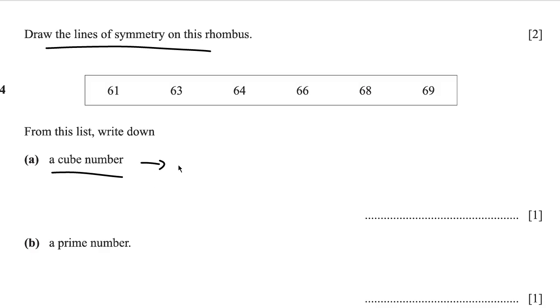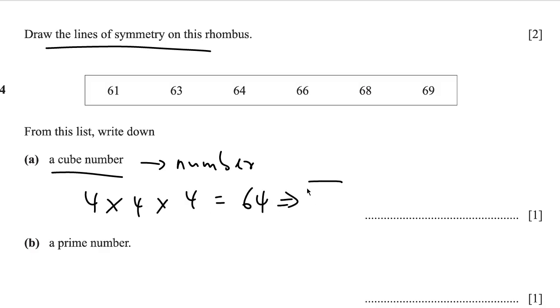If you practice the cubes of maybe the first 15 natural numbers, you would know that 4 times 4 times 4 is 64, which implies that the cube root of 64 is 4. One important fact here is that the output is going to be a whole number. So in this case, the answer is 64. That's a cube number.